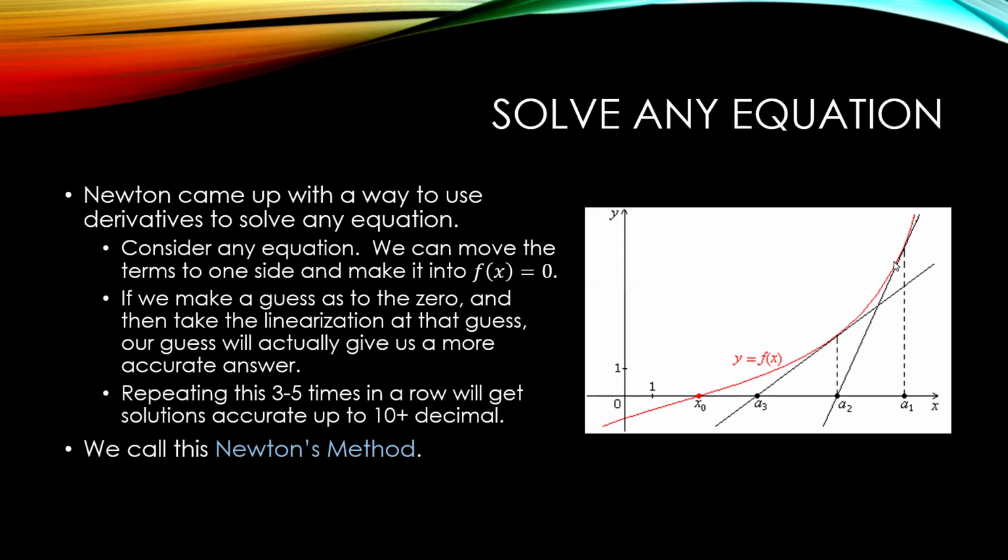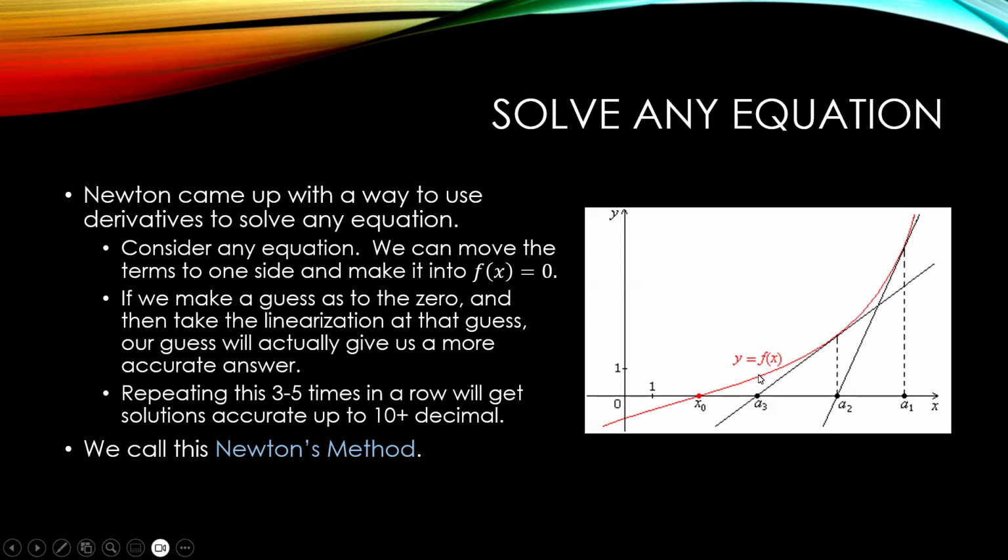Well, if we create the linearization at some guesstimate, some guess that we have, our linearization is going to give us some new, better approximation. If we repeat that, then the new approximation from that approximation is going to be an improvement as well.